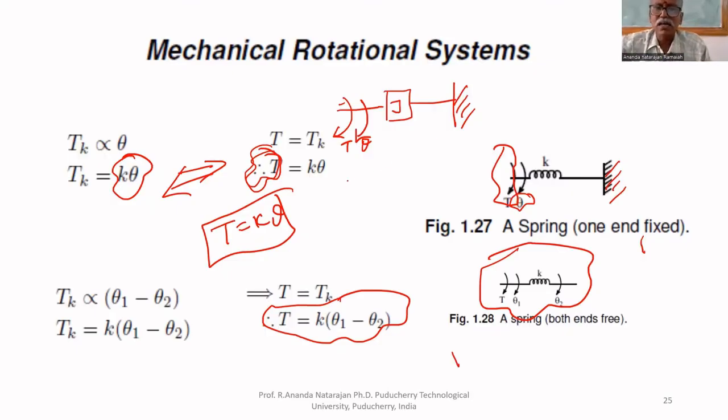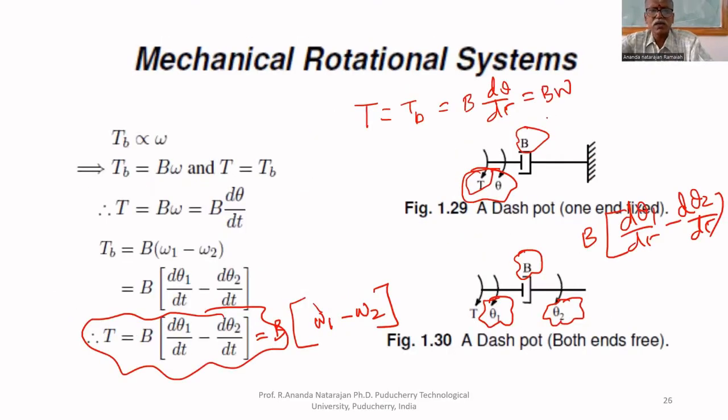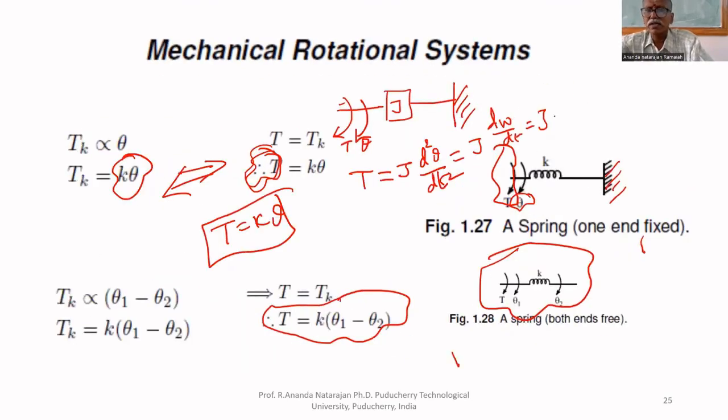Therefore, it doesn't have any spring effect or any dashpot effect. In that case, the applied torque equals the reactional torque J d square theta by dt square, or J d omega by dt if you know the velocity, or J times the angular acceleration alpha.